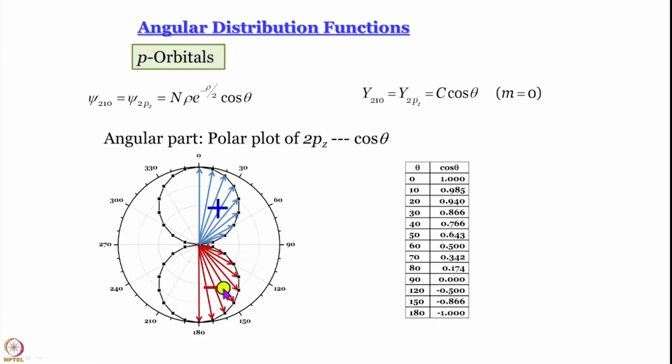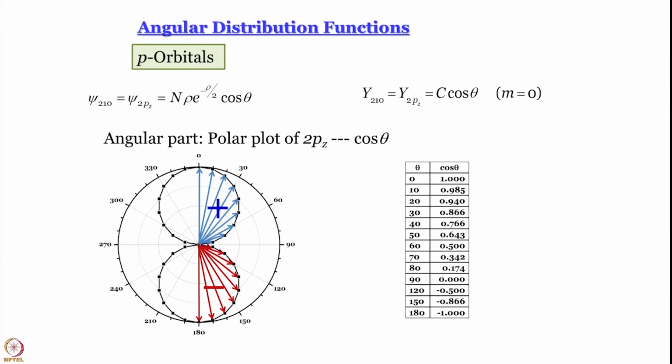So what we do is we use a different color and we write the sign of the function cos theta explicitly in the relevant parts of the curves. And also please remember that theta ranges from 0 to 180 degrees, so you should not draw anything beyond 180 degrees. So this is a way of designating the angular part of the wave function.